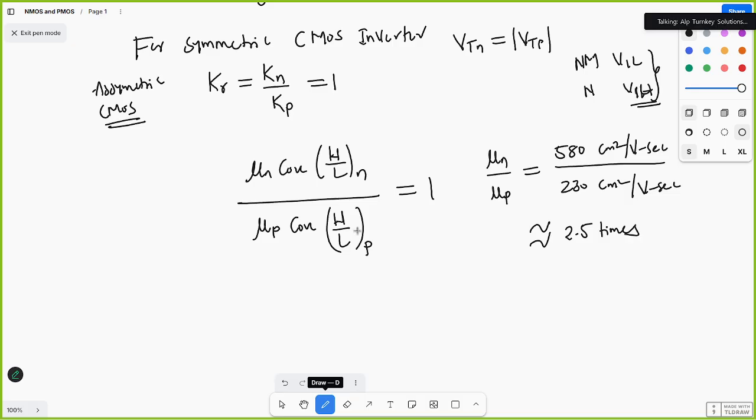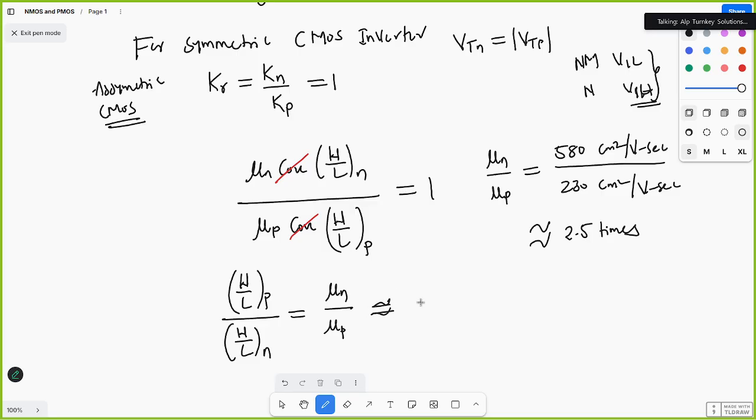Cox is the oxide capacitance, which has the same value for both. So W by L of P divided by W by L of N equals mu n by mu p, which is 2.5 to 3 times.